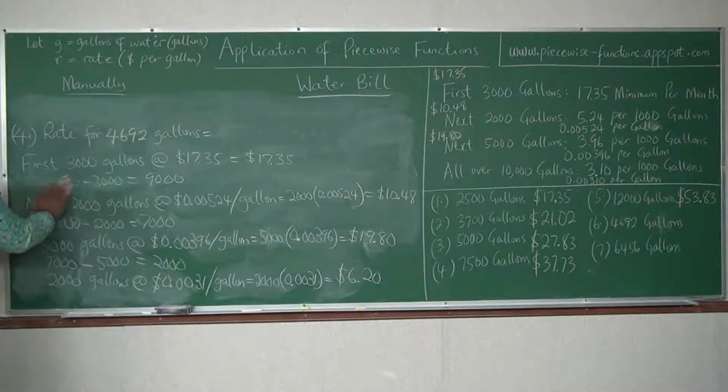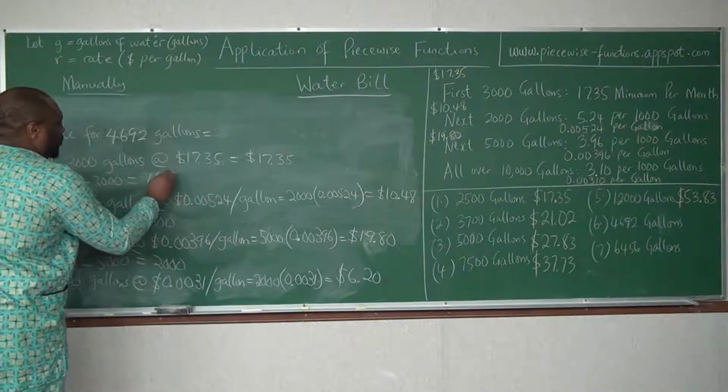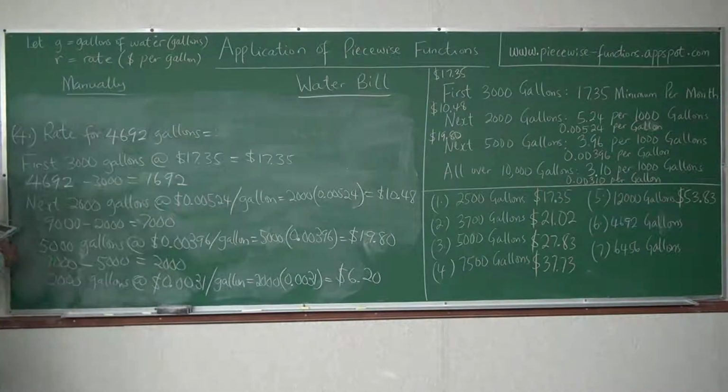Then we do 4,692 minus 3,000. That will give us 1,692 gallons.